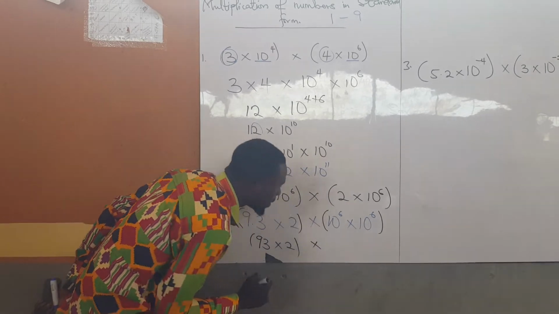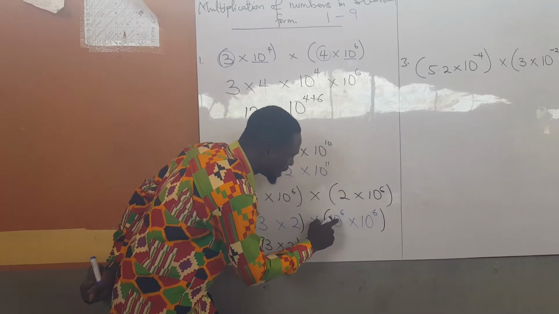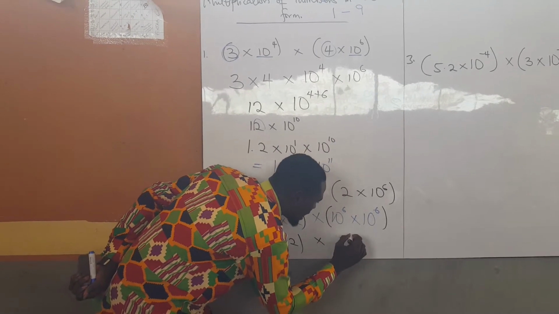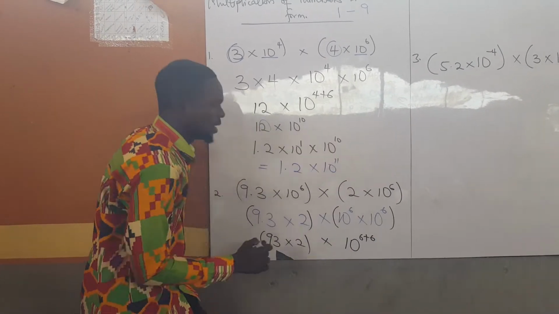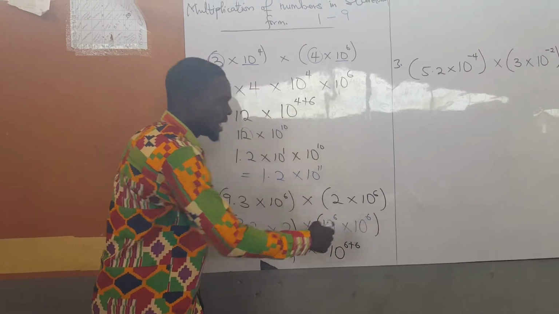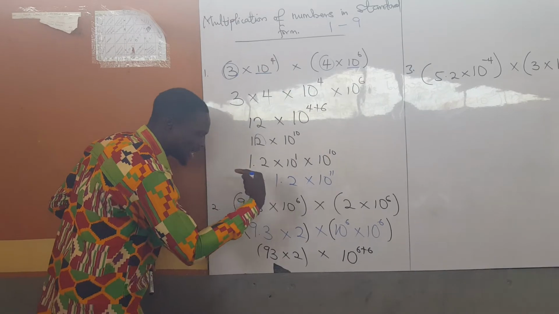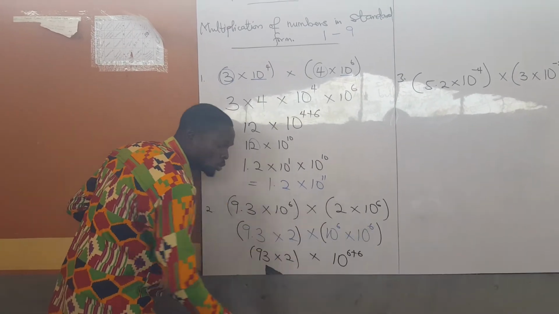Then I'll deal with the powers of numbers. I am multiplying. The bases are the same. So because the bases are the same, I am going to add the powers. And the power here is 6, and also 6 at the other one. So we are now going to multiply 93 times 2.